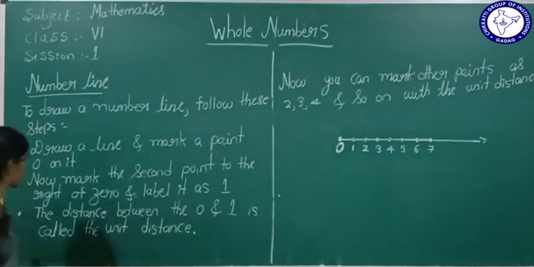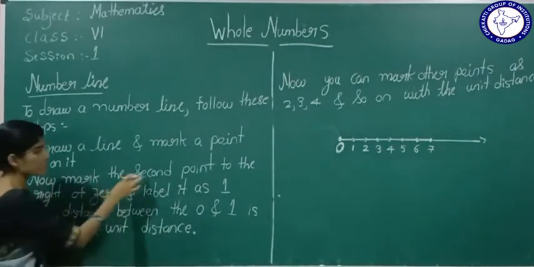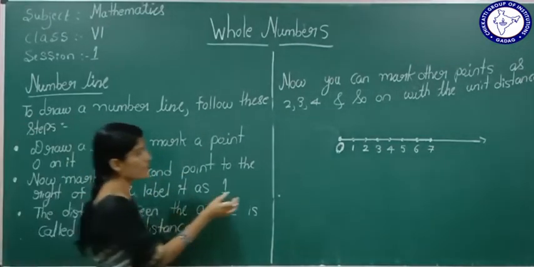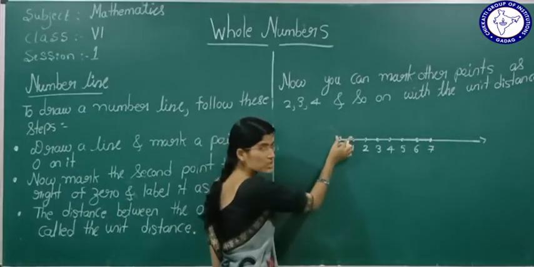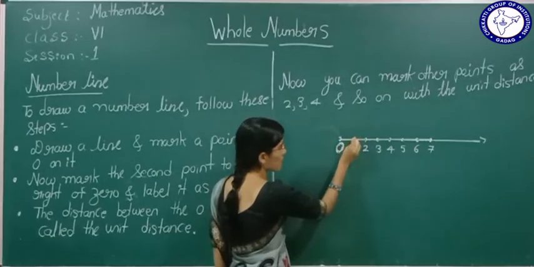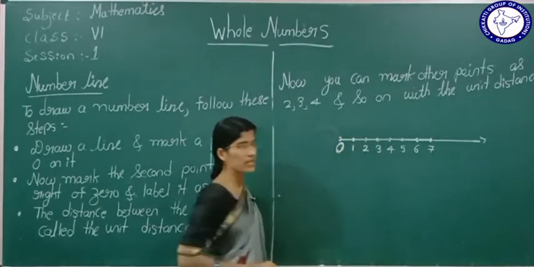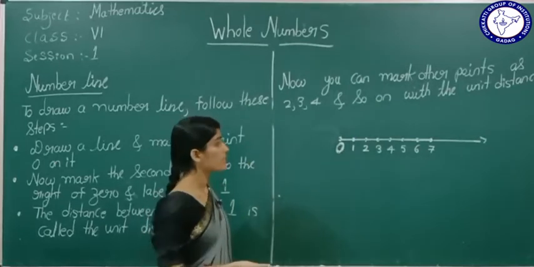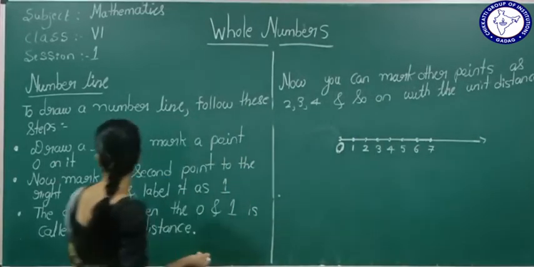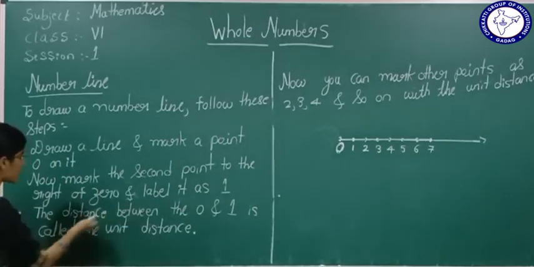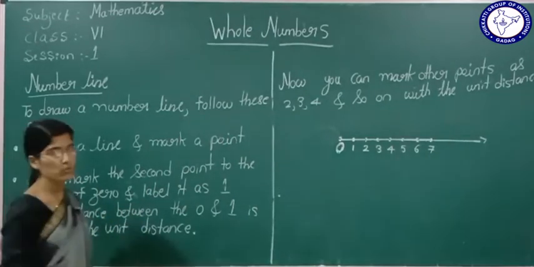Second, mark the second point to the right of 0. This is the right of 0. To the right of 0, we mark a second point, that is 1. After 0, 1 will come. The distance between 0 and 1 is called the unit distance.